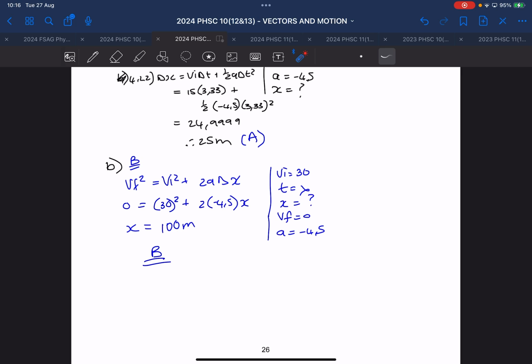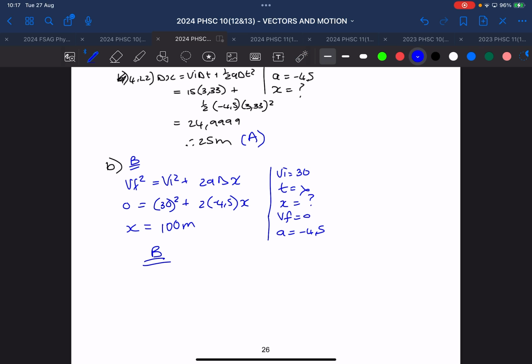So there's lots of different ways because there are four different equations that you can use.